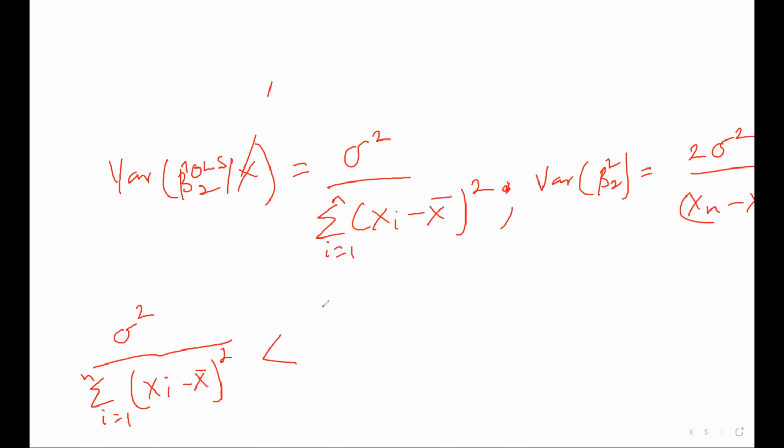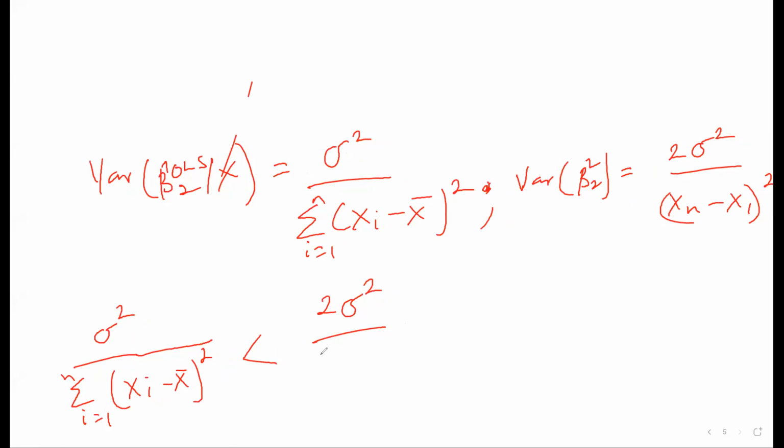Prove that this is less than 2 sigma square over xn minus x1 all square.